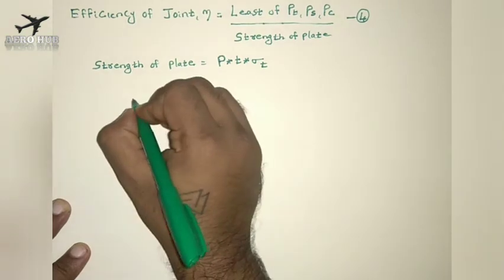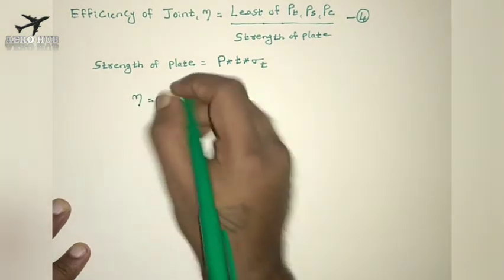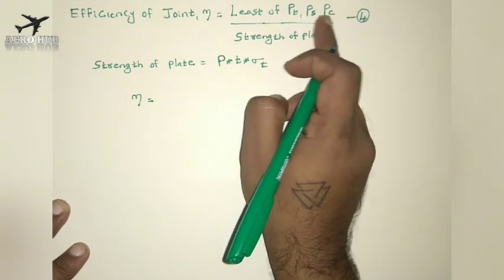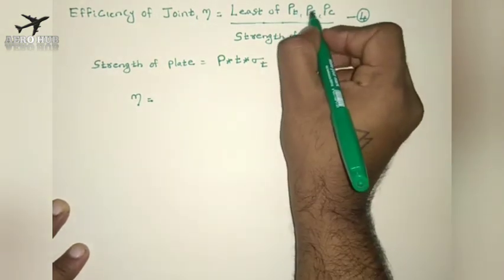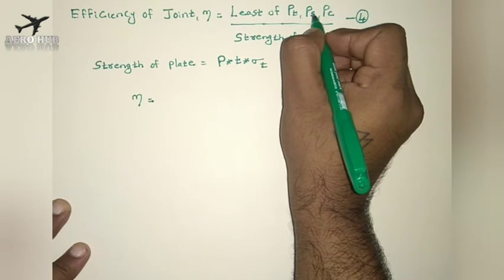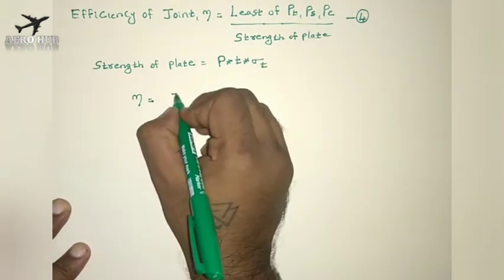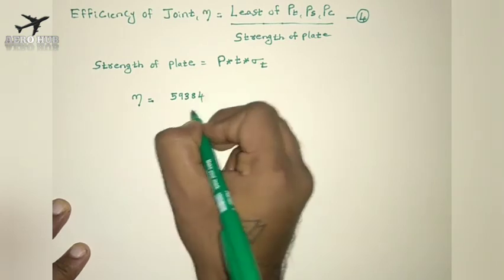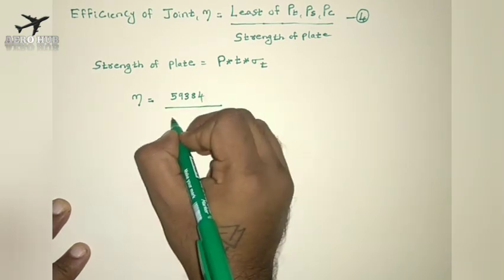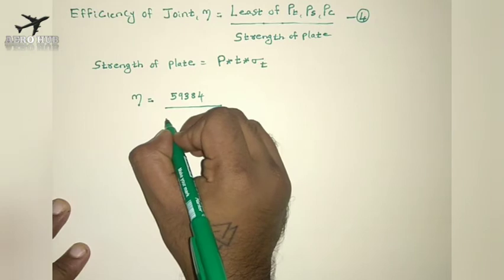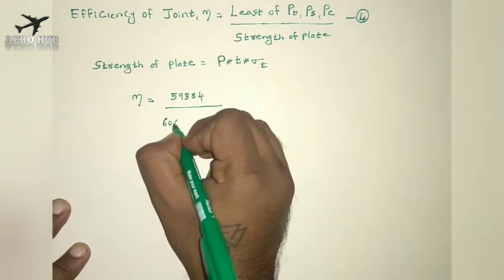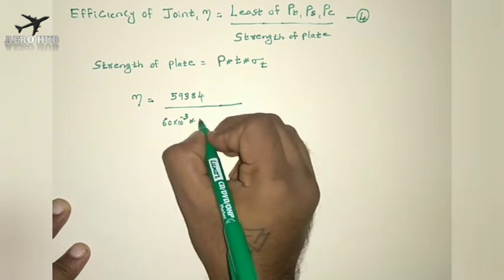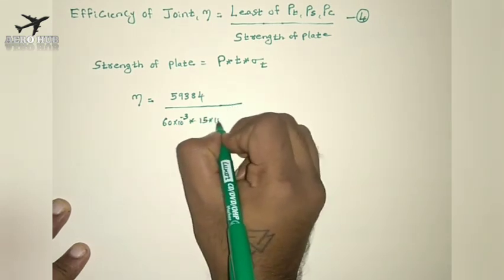Now I can write eta is equal to the least value of tearing, shearing, and crushing, which was found to be the shearing resistance, that is 59,384 Newton, and the value of pitch is 60 millimeter, it will be 60 into 10 power minus 3. The thickness is 15 millimeter, it will be 15 into 10 power minus 3.